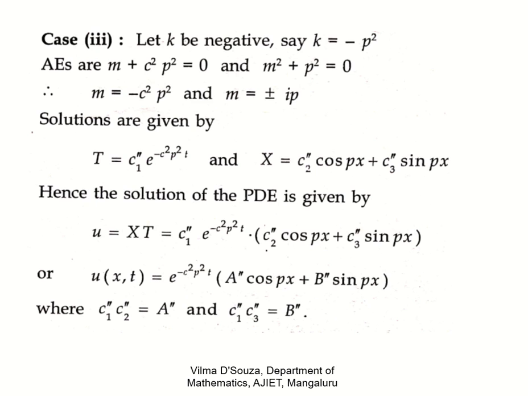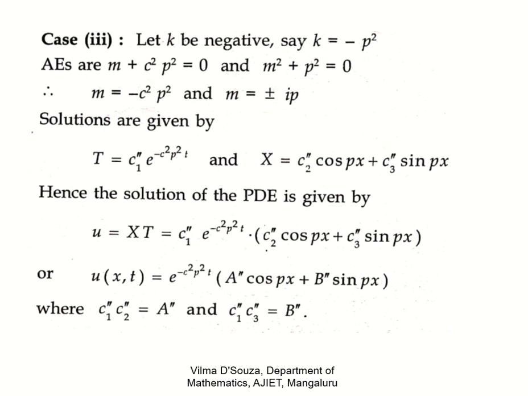So this is the method of finding the solution of the heat equation and wave equation by the variable separable method. Both the methods are very simple and very similar also. First you take u equals capital X and capital T as the solution of the PDE, and substitute that in the equation.